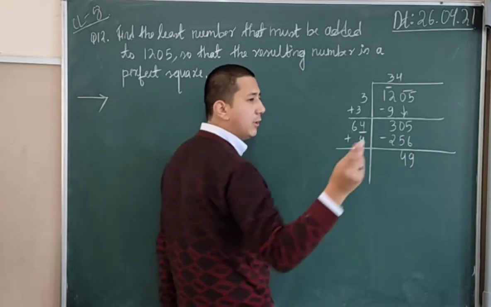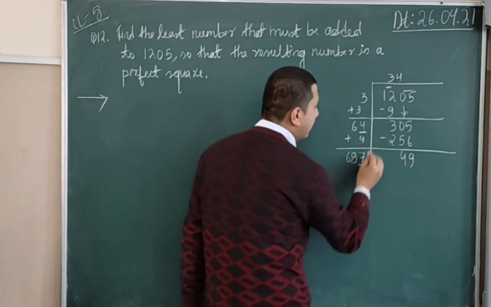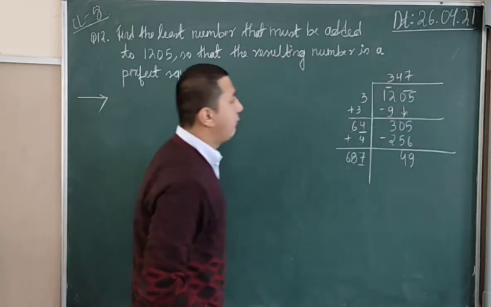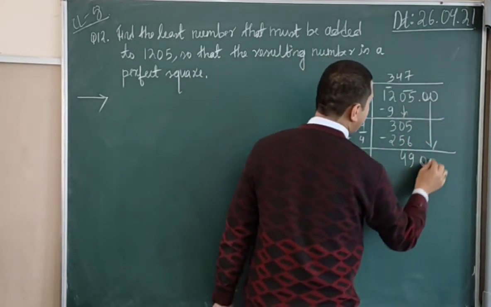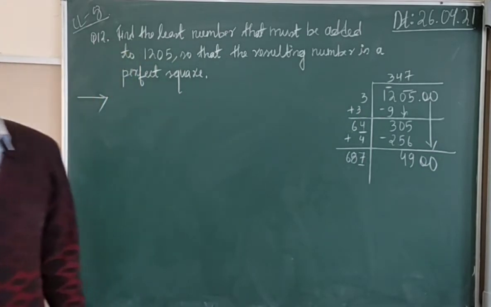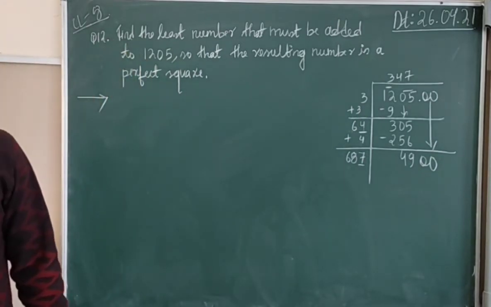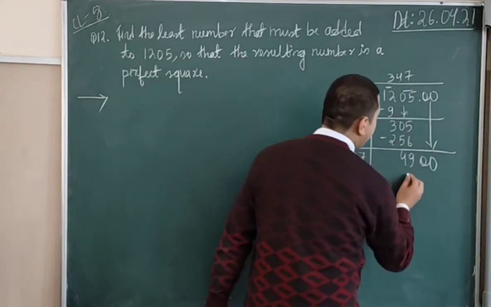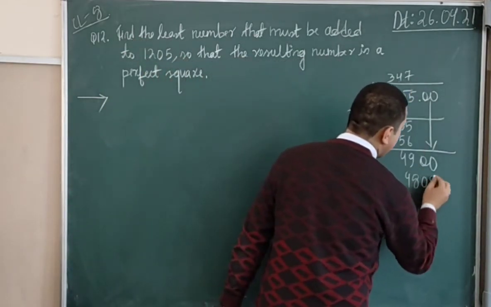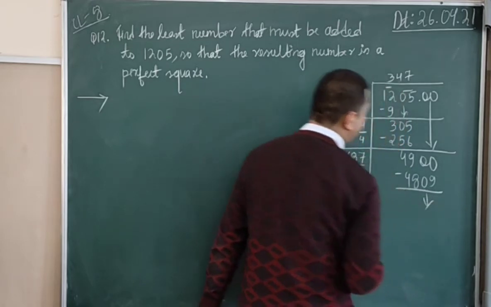Now which number? 7 into 7. You have to put 00, so that 00 will come out here. So 4900. So 687 into 7 will be 4809. Okay, so this much is enough for us.